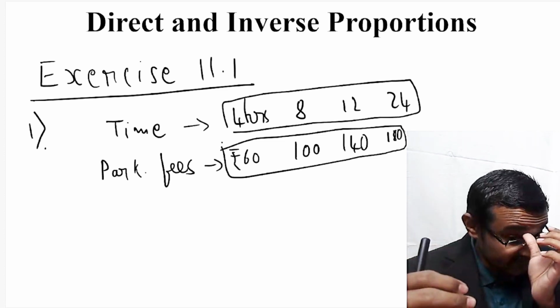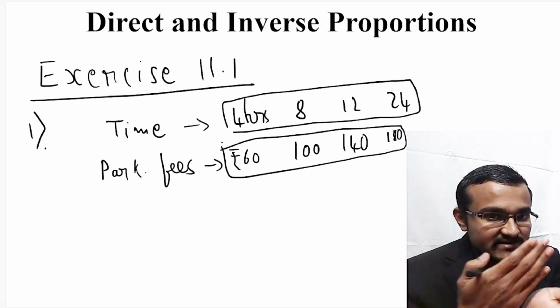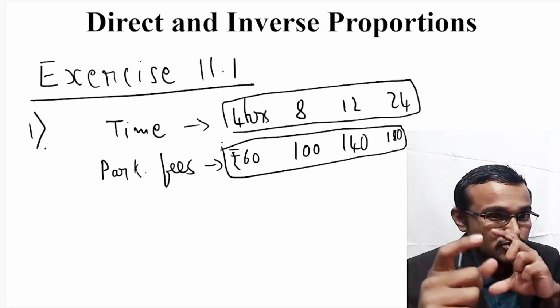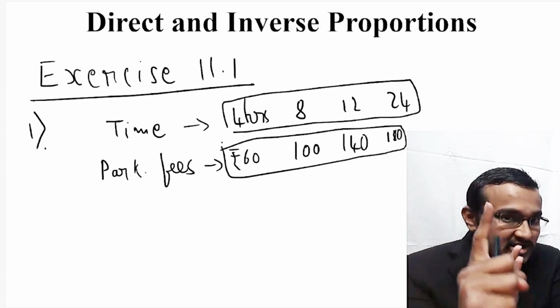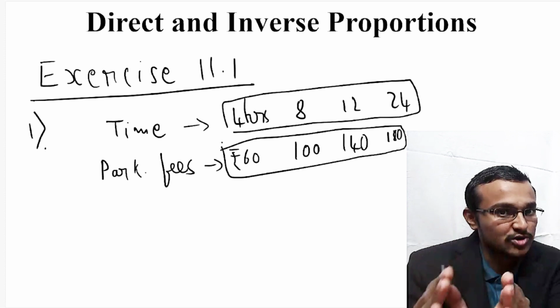Let us check whether this is directly proportional or not. Whenever there is direct proportionality, when you take the ratio of corresponding x and y values, that should always be equal to one particular value. That is the proportionality constant.